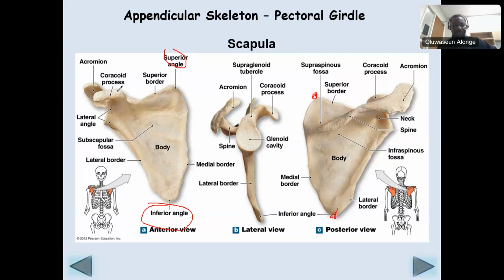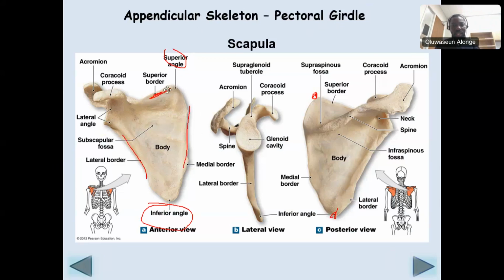The scapula has three borders. It has the medial border, which is the border at the middle, the lateral border on the lateral side, and the superior border right there.